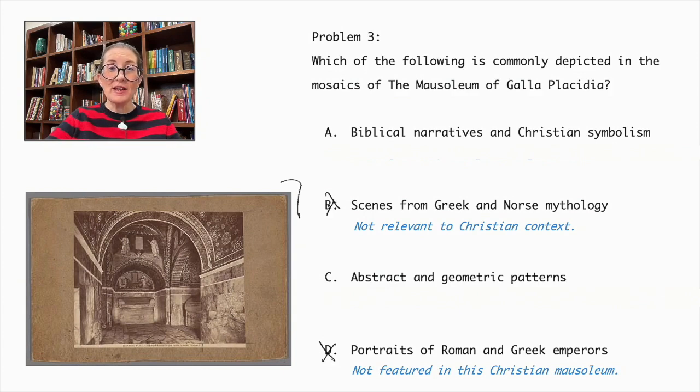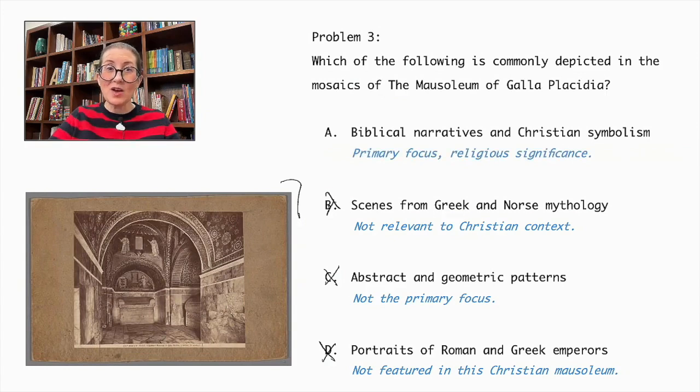Portraits of Roman and Greek emperors would be highly unusual, though if it had said Greek deities, it would be possible. Now, while some mosaics may include geometric designs in the mausoleum, these are not the primary focus, so we can also eliminate that. The correct answer is biblical narratives and Christian symbolism.